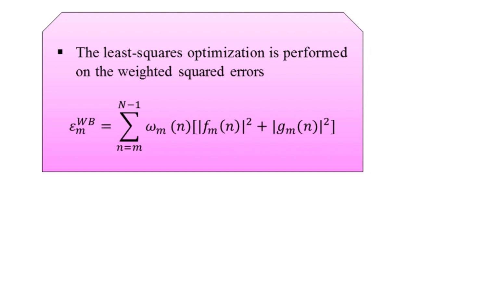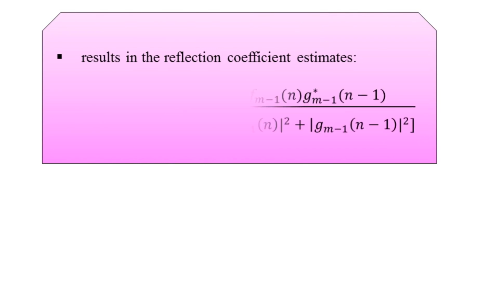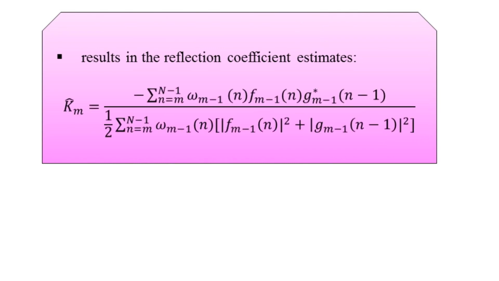So this, when minimized, will result in the reflection coefficient estimate that will be provided by capital K cap suffix m, and this is equal to the numerator, here we have the summation n equal to small m to capital N minus 1 of W suffix m minus 1 of n multiplied by f suffix m minus 1 of n multiplied by the conjugate of g suffix m minus 1 of n minus 1, and in the denominator here we have 1 by 2 multiplied by the summation.